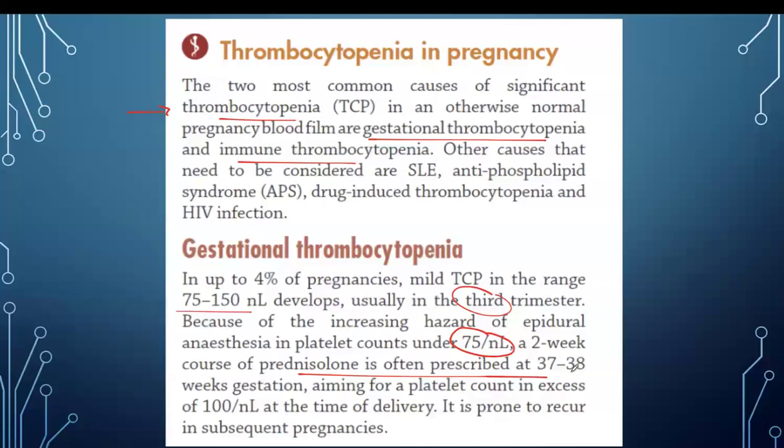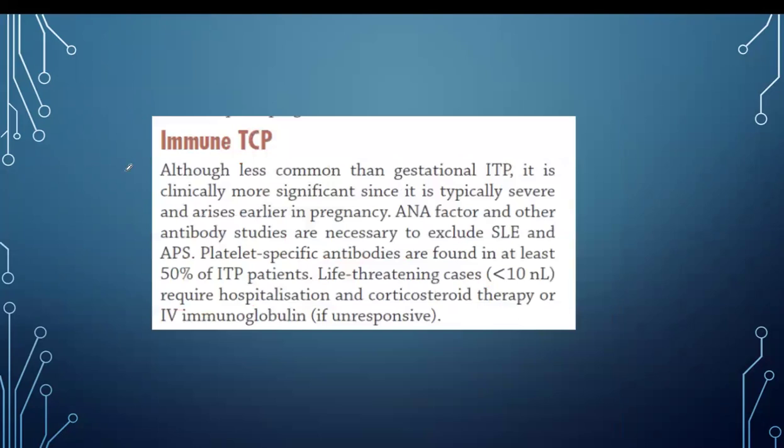All you need to know is that if a pregnant patient has mild thrombocytopenia but is otherwise completely normal, then that is gestational thrombocytopenia. Up to 75 platelet count is totally fine; we can just keep an eye. But if it is less than 75, then you need to go for some prednisolone. Immune thrombocytopenia is not very important. Give it a read in your own time.